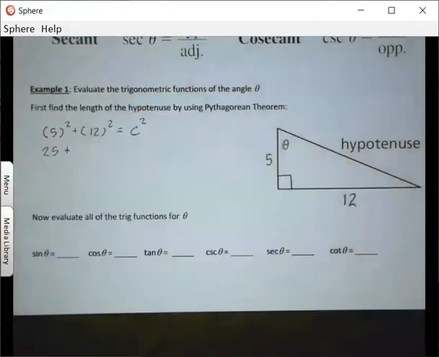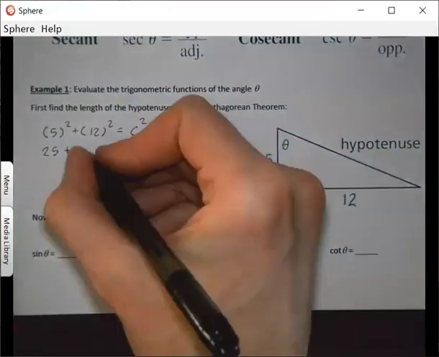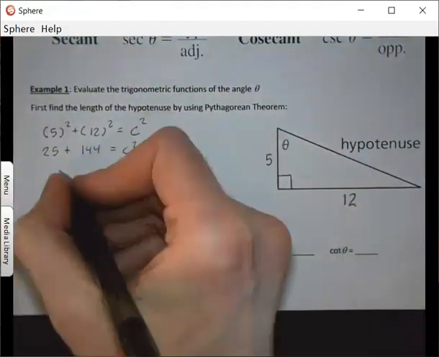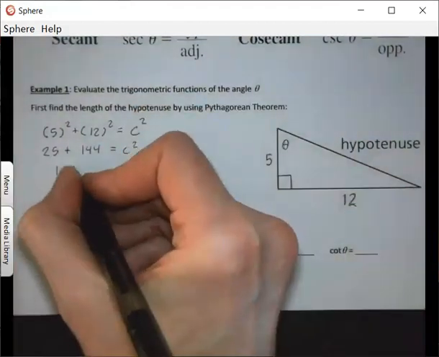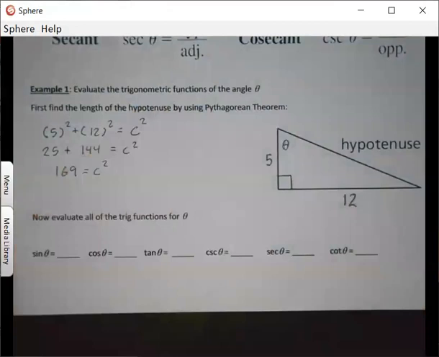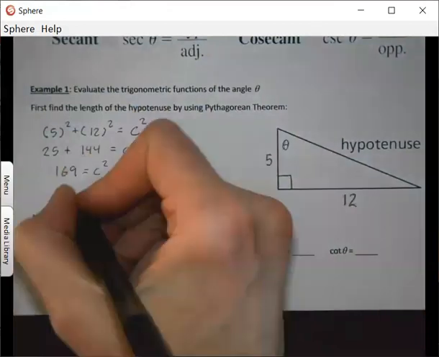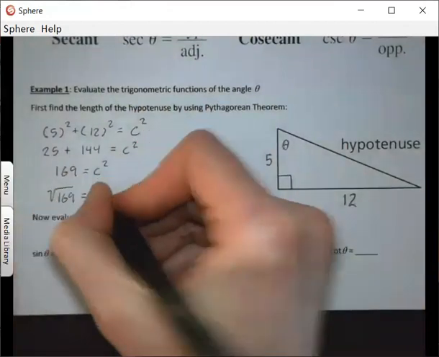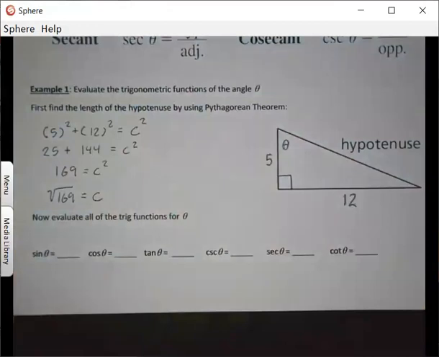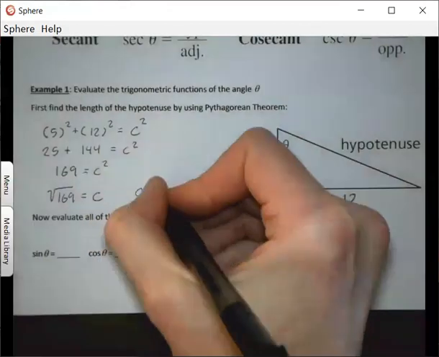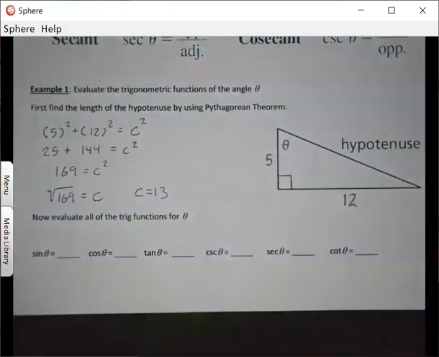So square our numbers. 12 squared is 144. Take the square root of both sides. Turns out 169 is a perfect square. I believe it is 13. So our hypotenuse is 13 units.